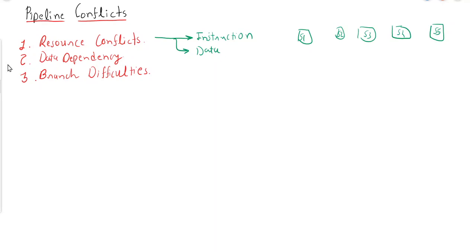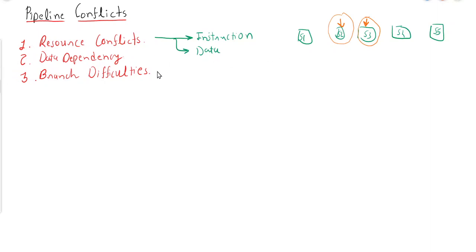For example, let's say one instruction is in segment number 3, the third phase, but it is dependent on the result of the next instruction which is in the second segment. Till that segment is done with the execution, this segment cannot proceed with further execution. So that is known as data dependency, because here segment 3 is dependent on segment 2 for data. Clear with this?